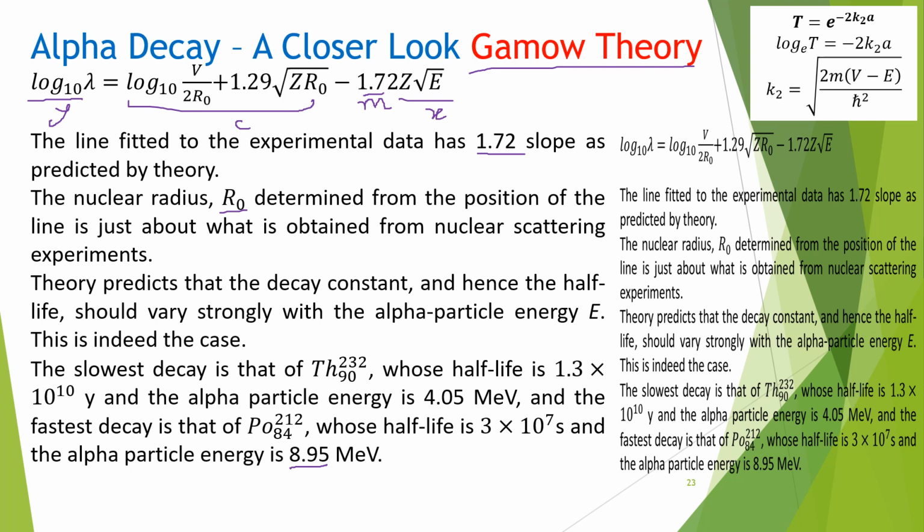So these experimental data points are best fitted in the line, and the best fitted line equation has slope 1.72 and the involved constant pertaining to the radius of the nucleus that exactly match with the experimental values. So this is the grand success of the Gamow theory, and Gamow was awarded the Nobel Prize for this work along with his two contemporaries from America.